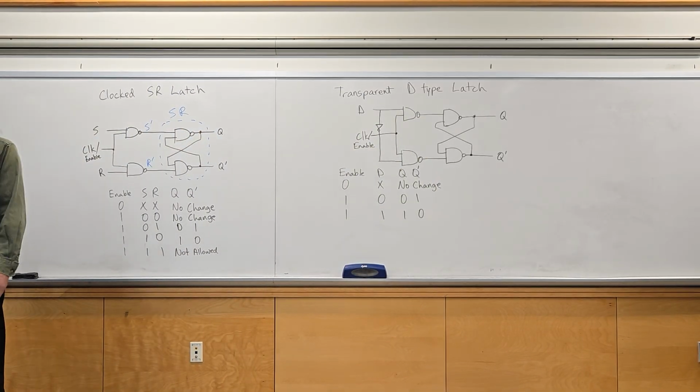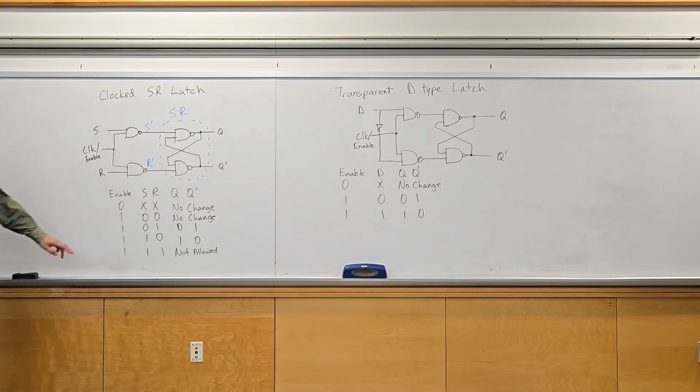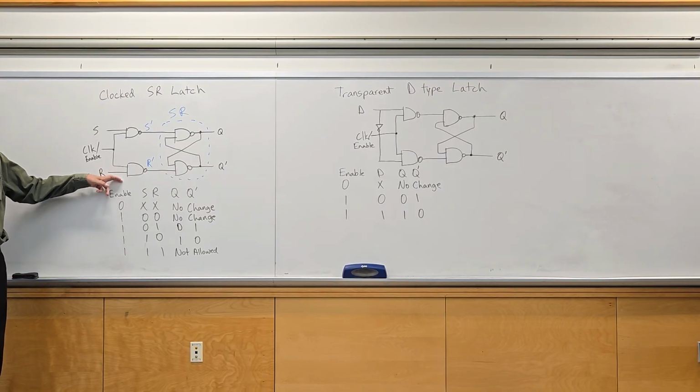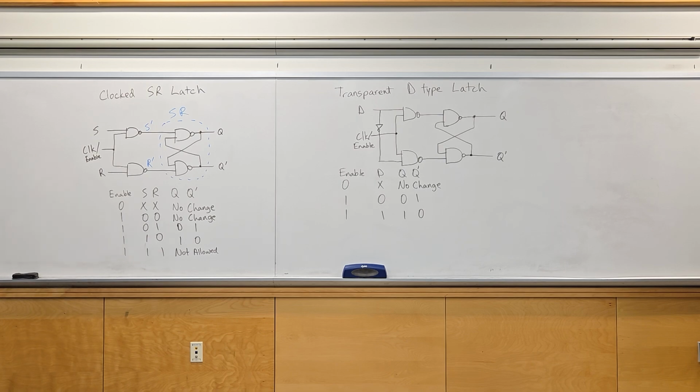So that eliminates the not allowed state that is possible with the previously discussed circuits. The transparent D-type latch is also called just a regular transparent latch, depending on the literature you're looking at.